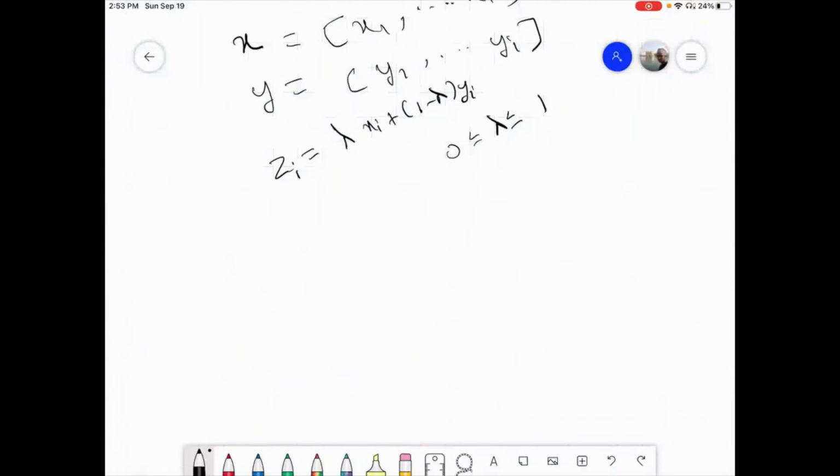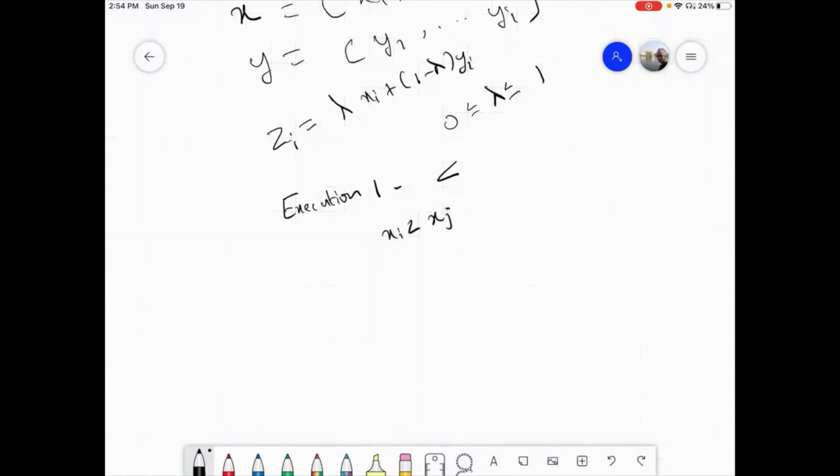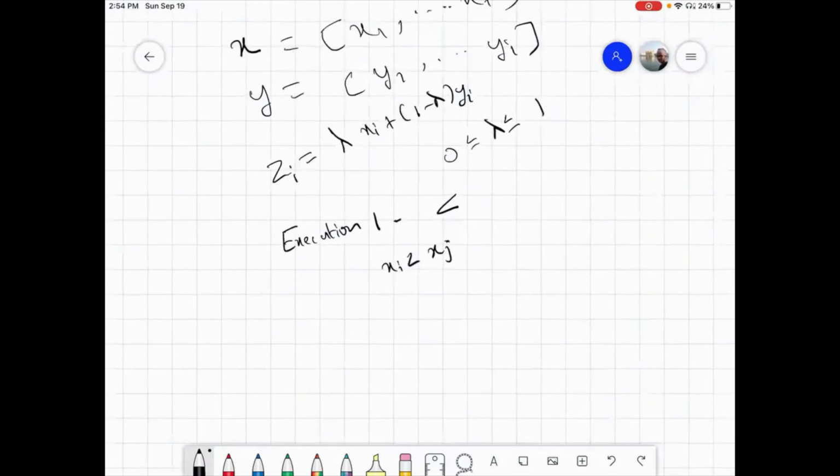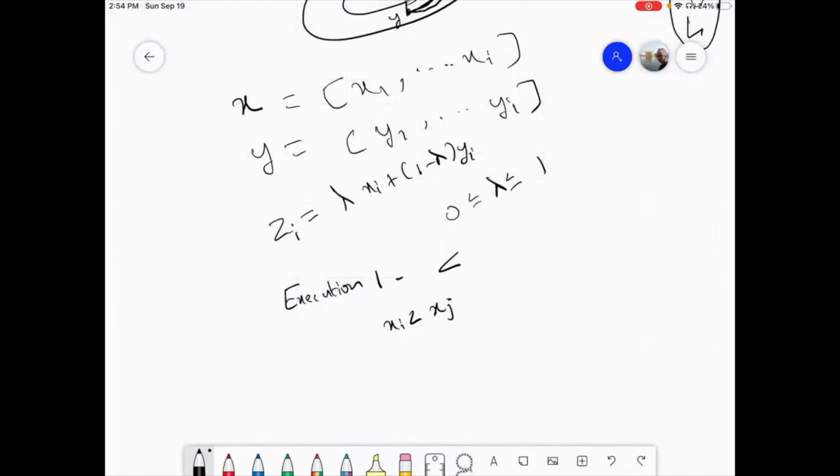So let's say on execution 1, you come across X, you come across the operation less than. That means that we know that xi is less than xj, and under execution 2, we know that y also lies on the same path as where X lies.